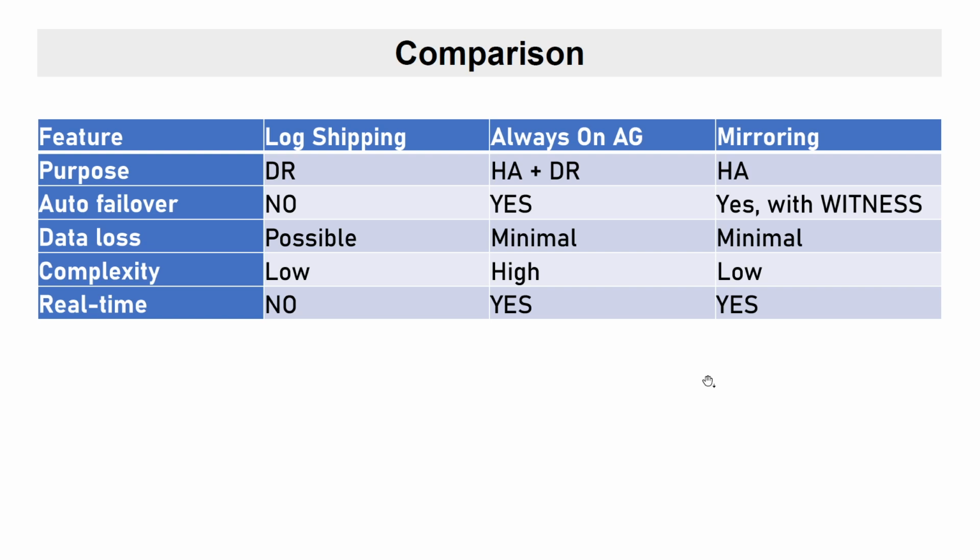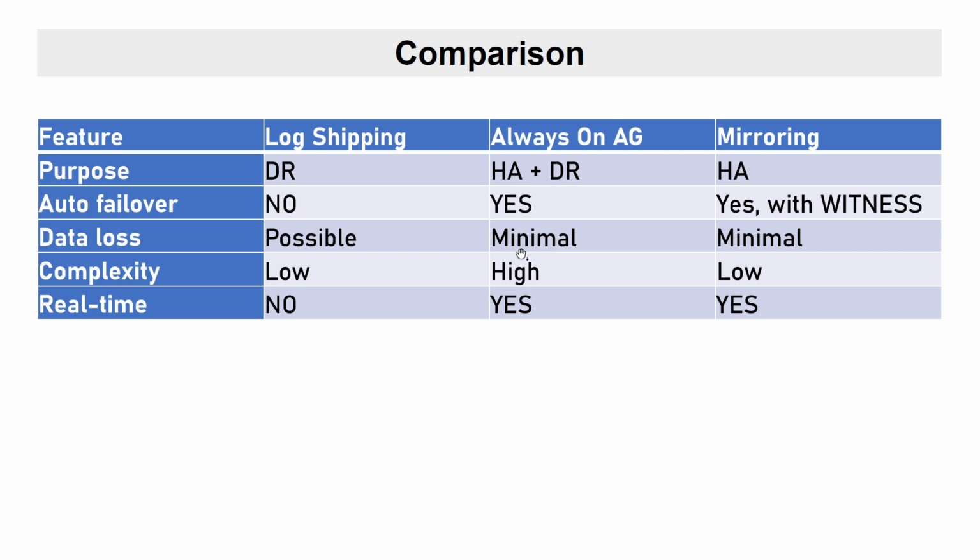Now let's do the comparison of all the features. Log shipping is a DR feature, AlwaysOn is HA plus DR, and mirroring is an HA solution. Log shipping does not provide auto failover. AlwaysOn provides auto failover, mirroring as well, but you need to set up a witness. Data loss: yes, possible in log shipping because there is a delay.